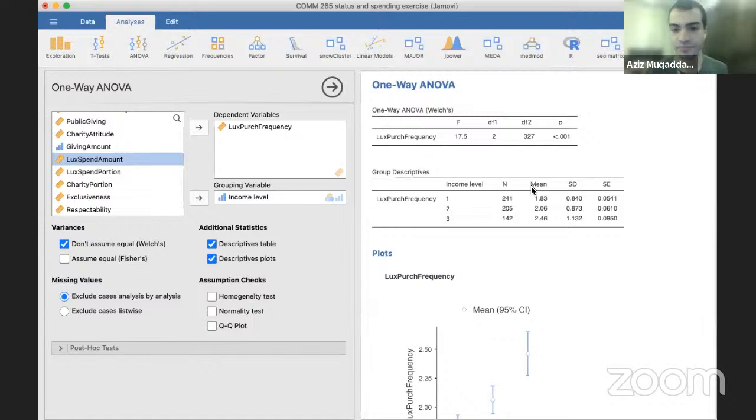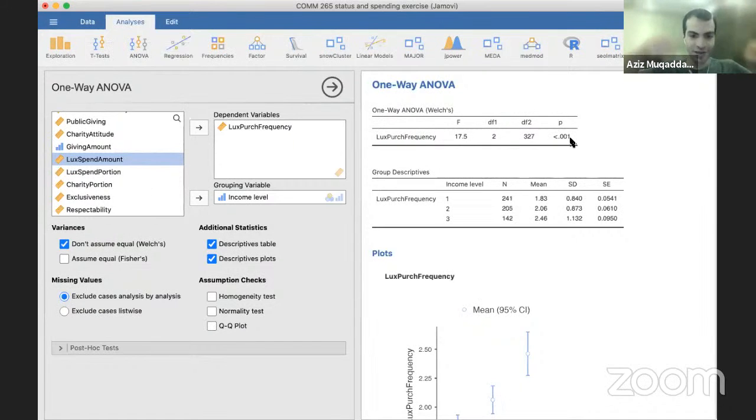Okay. So you see right here that I have the p-value. You see what the p-value is? So it's less than 0.001, which means that the mean score is actually at the 99.99 percentile.